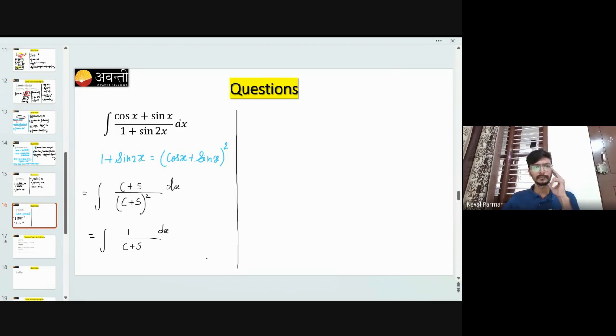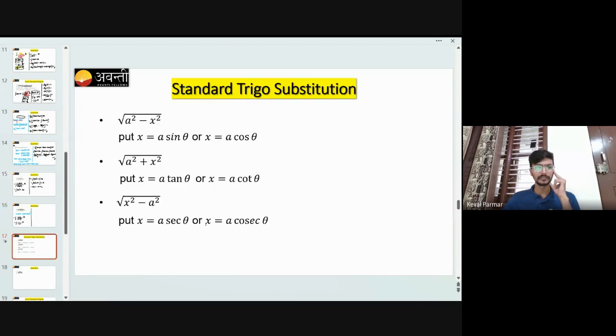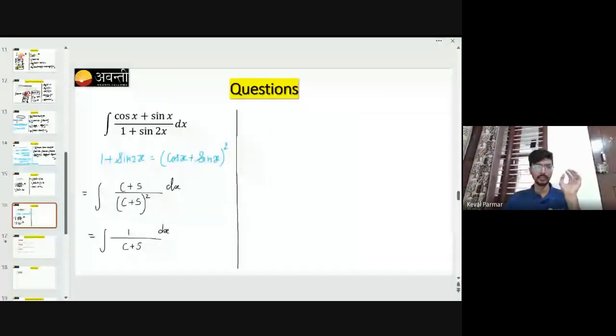I guess there is some mistake in the question. Let me check what the mistake is. A printing mistake, I think. Let me check once.